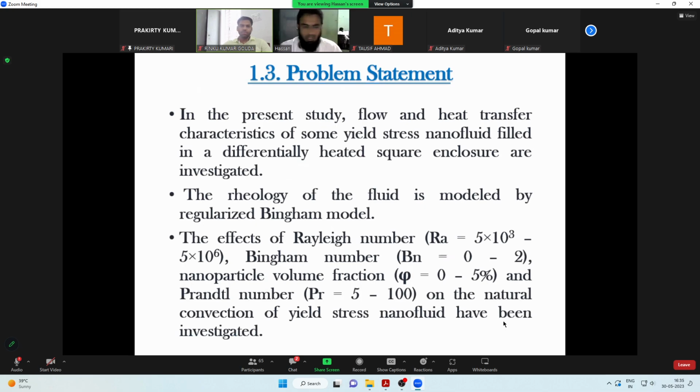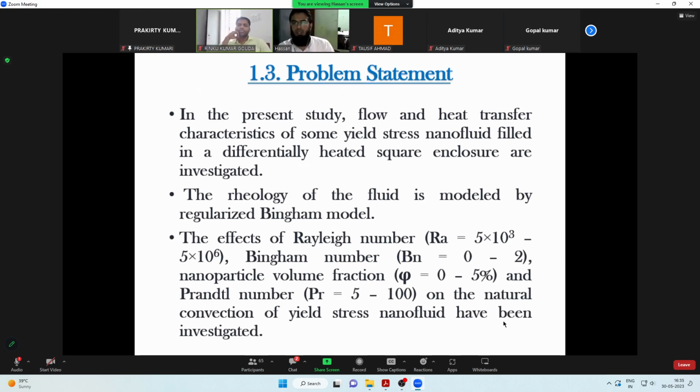As I told you, I would be taking a couple of problems, and with the help of those problems, I'll showcase the importance of nanofluid, the behavior of what happens when they are subjected to temperature gradient, heating or cooling, and how the thermofluid behavior of nanofluid comes into the picture.